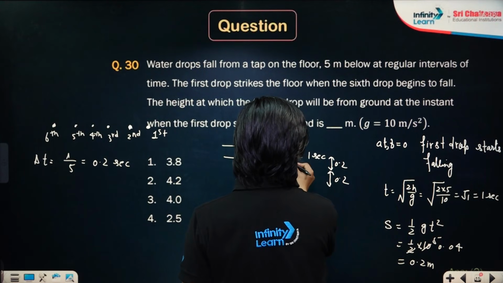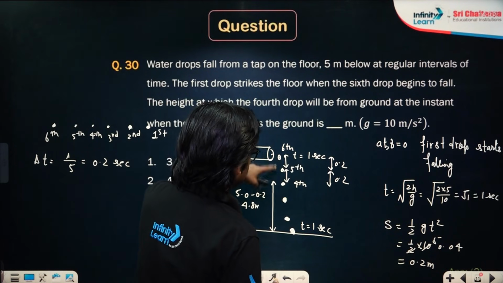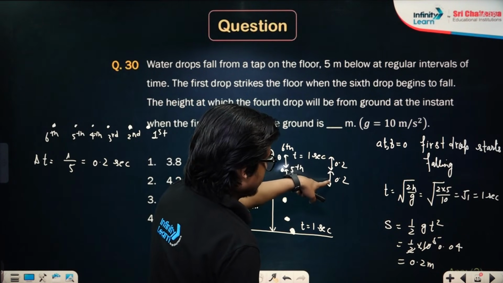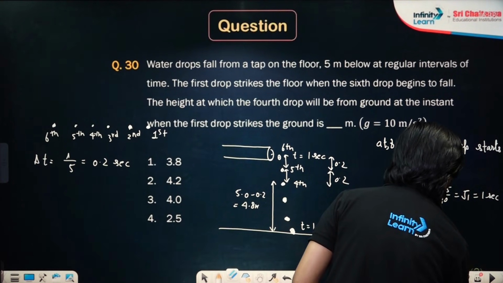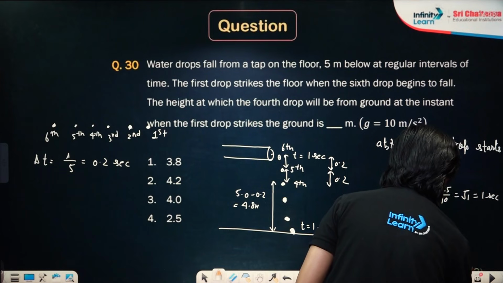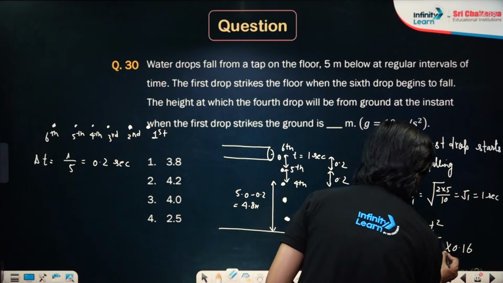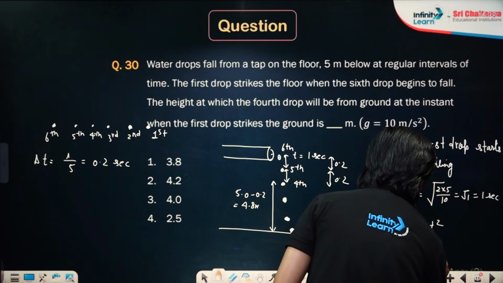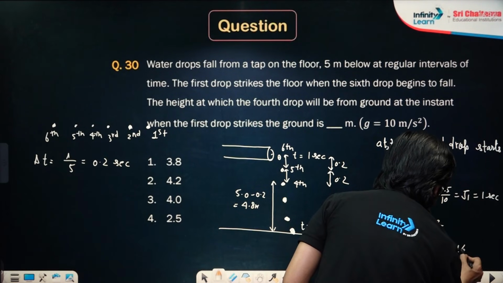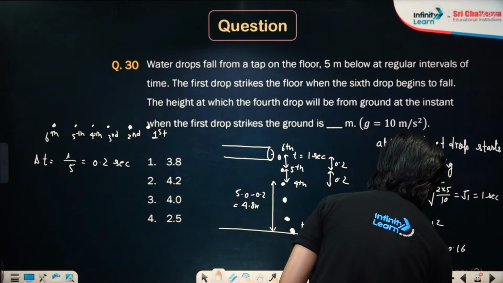At 1 second, the 6th one is here, the 5th one here, the 4th one here, then the 3rd, 2nd and 1st. So it has traveled through 0.2 plus 0.2, which is 0.4. If you square it, that is 0.16. So there was a calculation mistake. 1 by 2 into 10 into 0.16, 0.16 divided by 2 is 0.08 into 10, which is 0.8 meter.